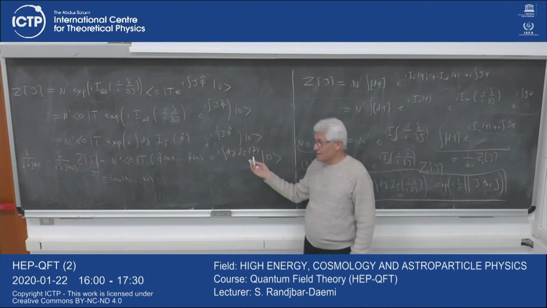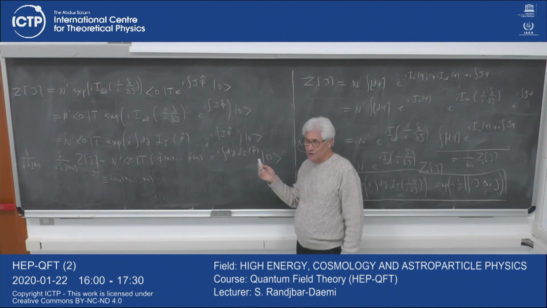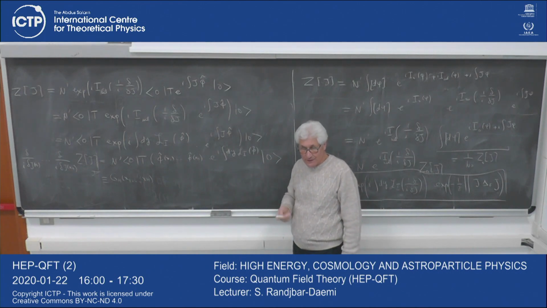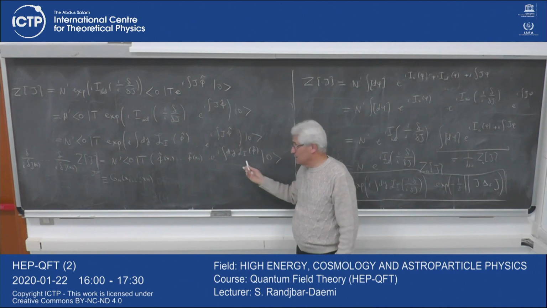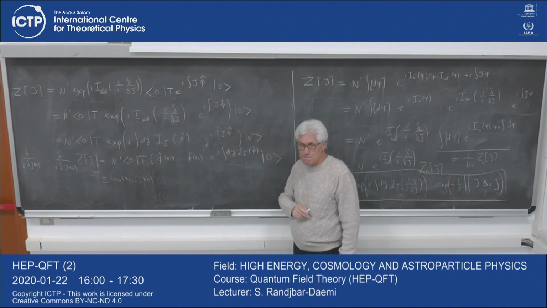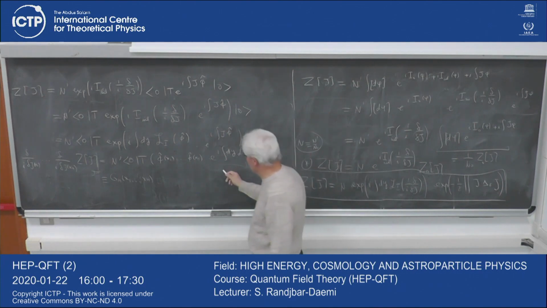Actually, these fields are the fields in the interaction picture. You know that in the interaction picture, the field operators satisfy free field equations. This phi satisfies free field equations. That's the definition of the interaction picture. And the operator sitting here, you have seen it in the previous term. What is it? It is the S operator, the S matrix.